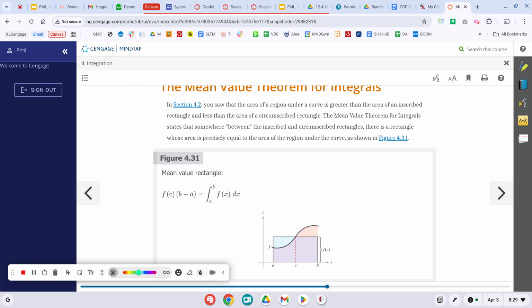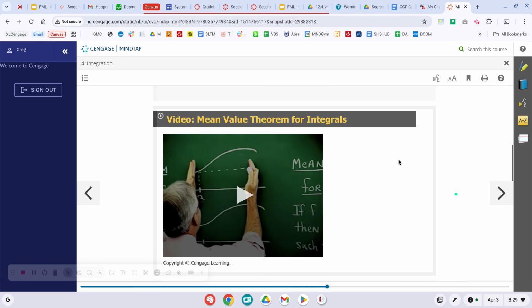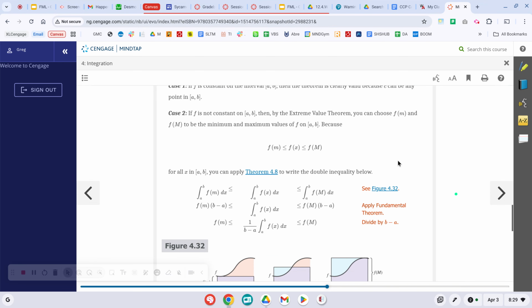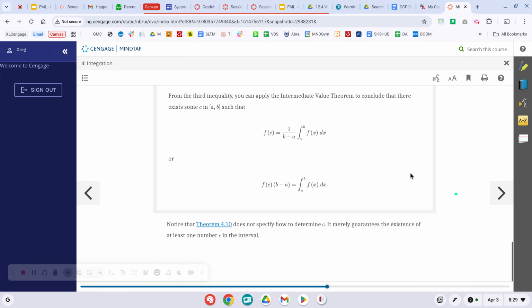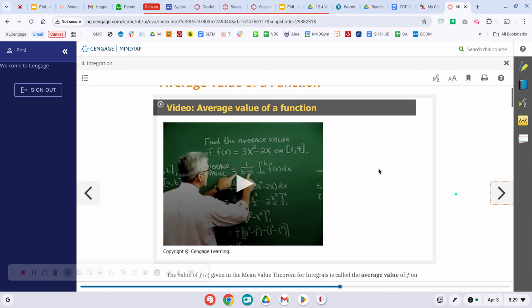And then what that leads us to, whoops. Let's see. It leads us to be able to find the average value of a function over its interval. So here we go.